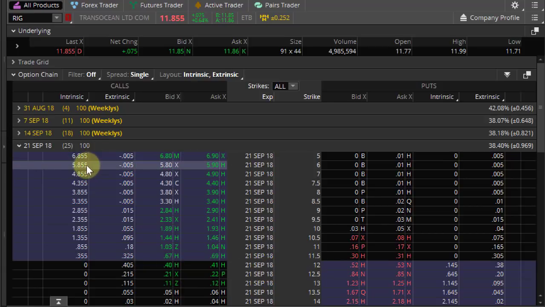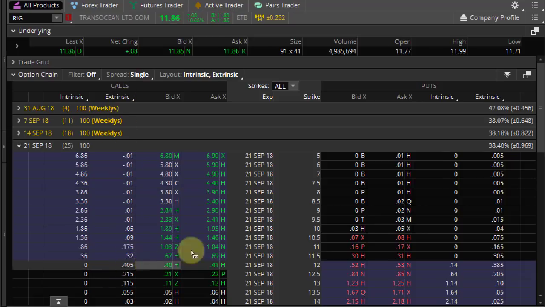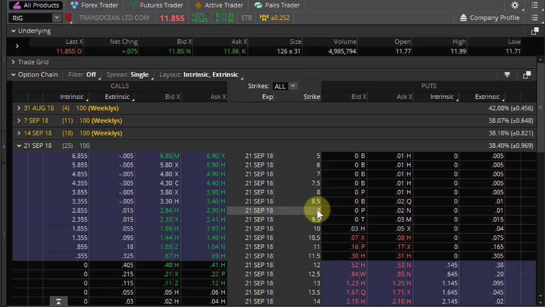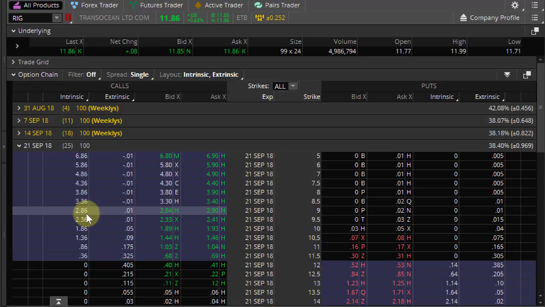Now here, I put the intrinsic and I put the extrinsic. Here's how I want you to think of this. Intrinsic, it's stock. It's real. Extrinsic is fluff. It's premium. For example, if you look at the 9 strike here with 25 days to go until expiration, 9 plus $2.86 equals $11.86.